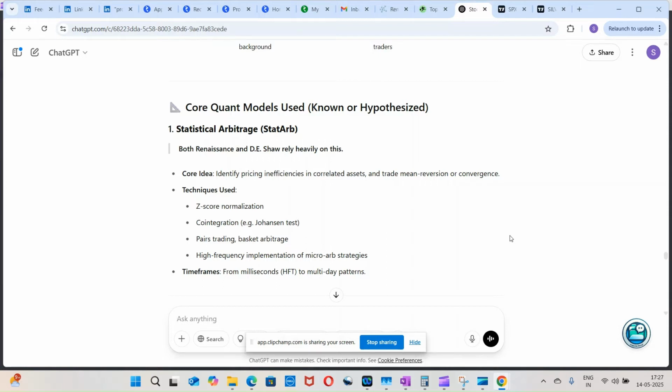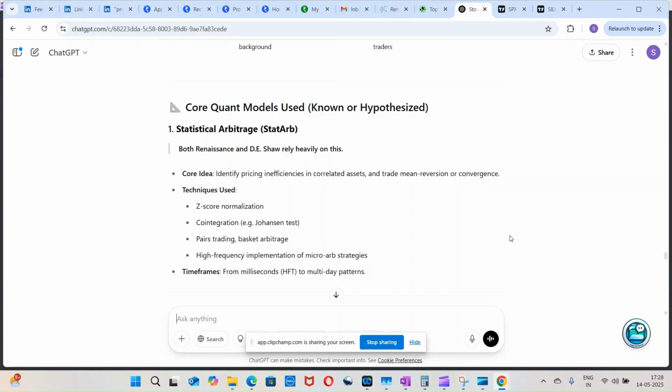This statistical model is used by the quant hedge funds to identify pricing inefficiencies in correlated assets, and this works a lot in the commodities market. It is done in a high frequency trading manner.